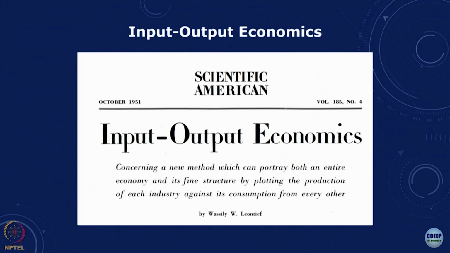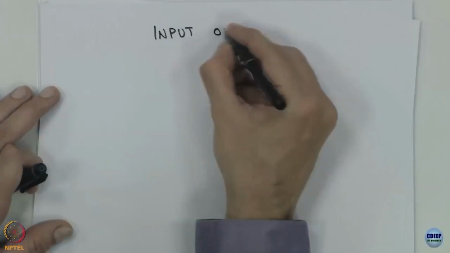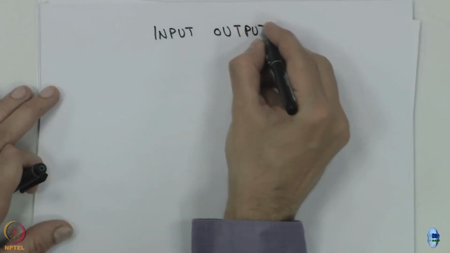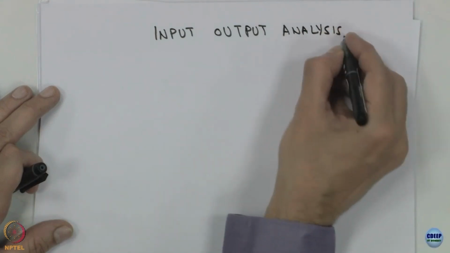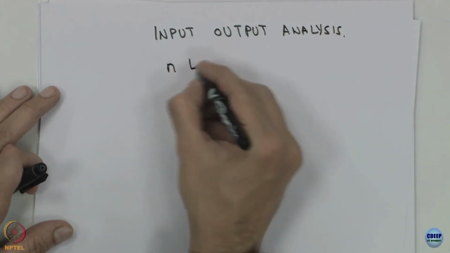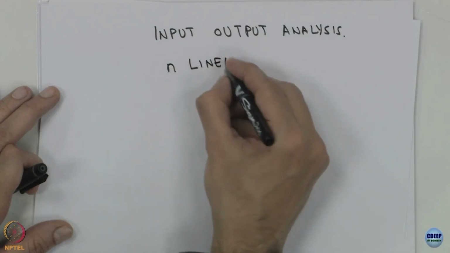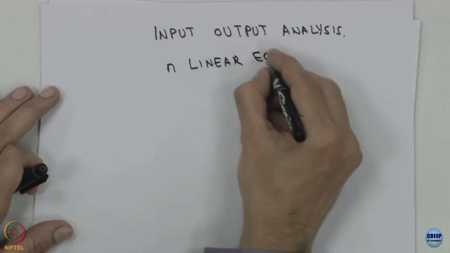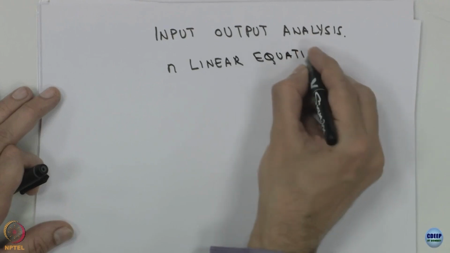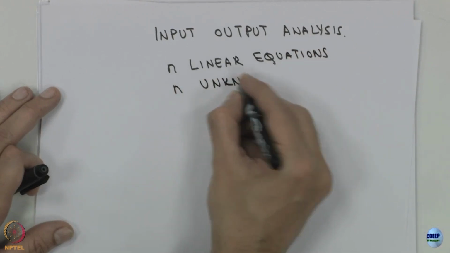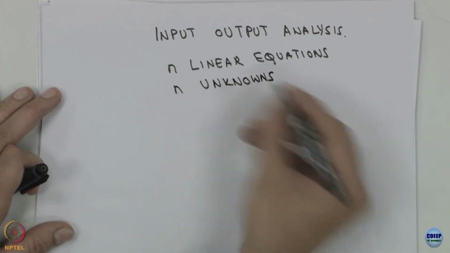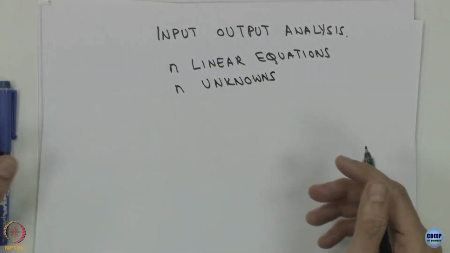So typically the input-output analysis, as proposed by Leontief, finally results in a set of n linear equations in n unknowns, and that is the beauty of the method, its simplicity.